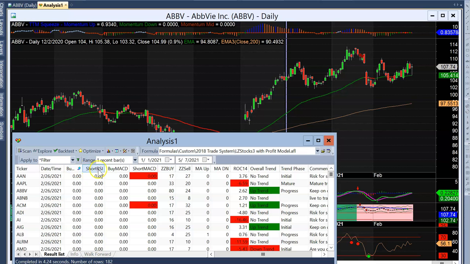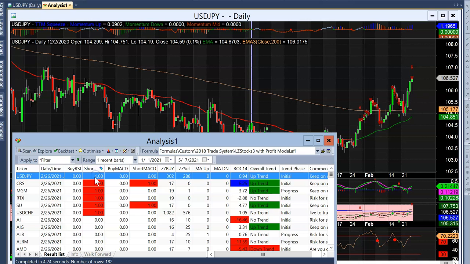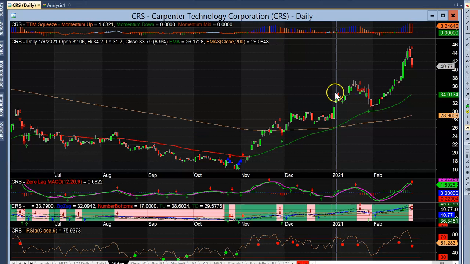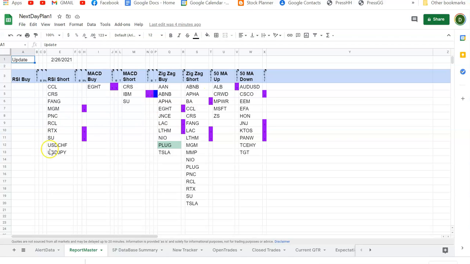And go ahead and look at them. And I often do this. These are the short plays, and there it is. Then I can go ahead and look to see what the MACD, the RSI, the zigzag, and whether the momentum is coming down.